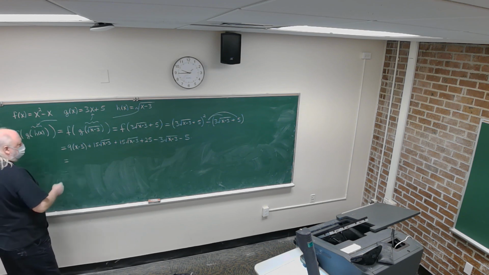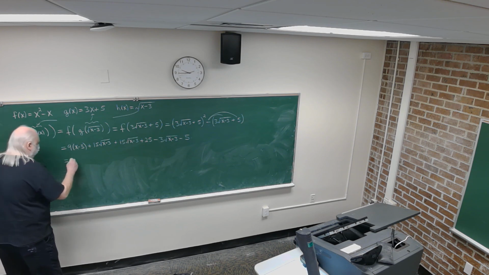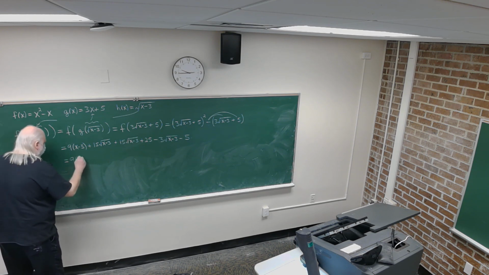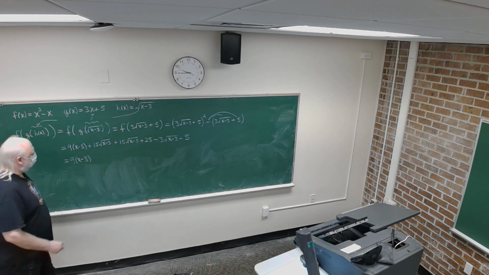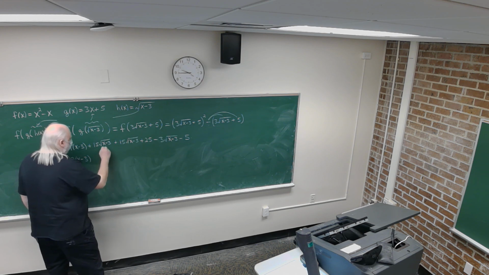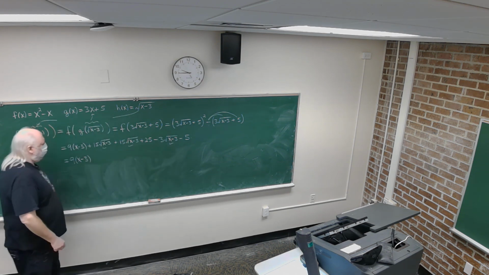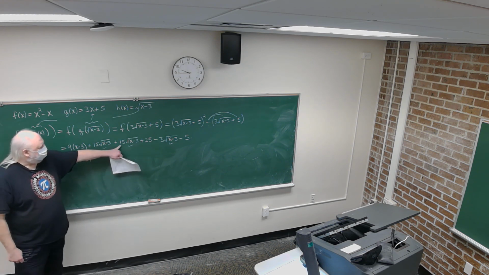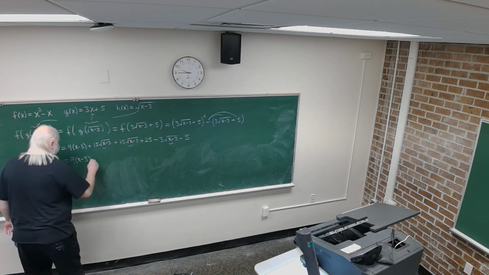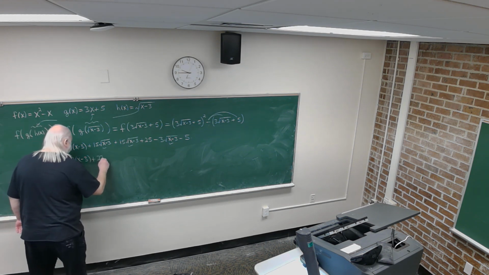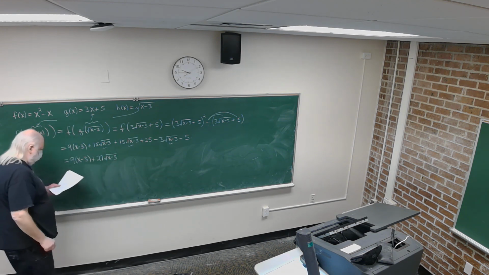And now we combine like terms. Okay? We only have one term involving x minus 3: 9 times x minus 3. But we have 3 terms involving the square root of x minus 3, right? 15 plus 15 is 30, and 30 minus 3 is 27. So we have plus 27 times the square root of x minus 3.